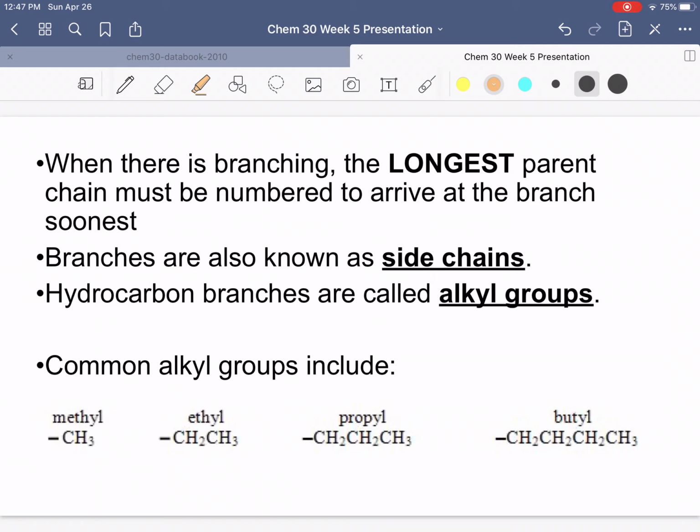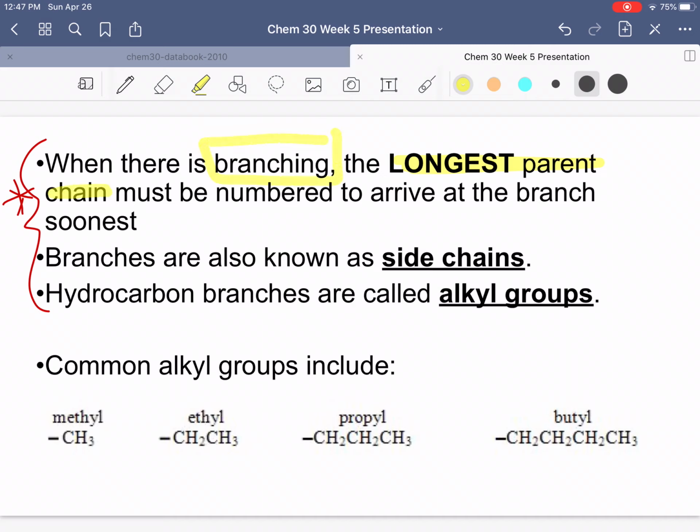Now, in terms of how this is done, there's some definite steps that you need to take the time to memorize, to know, to understand. These are all outlined in your notes. But ultimately, we take that longest parent chain, right? That's our focus. And this is really important because you're going to have to number your carbons in order to correctly identify where side chains are, where branching occurs.